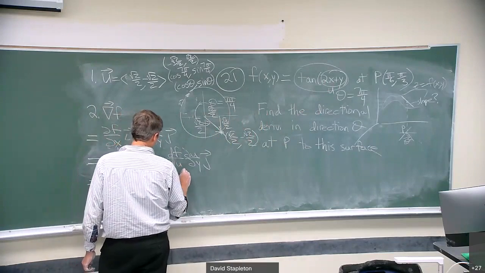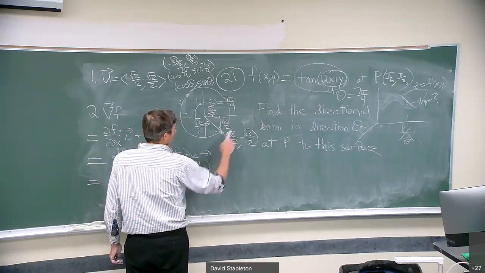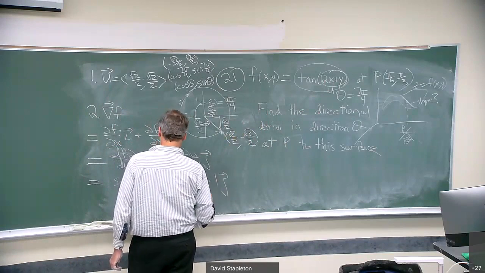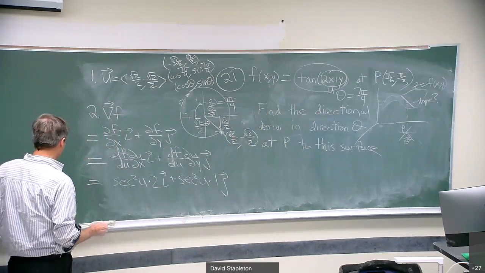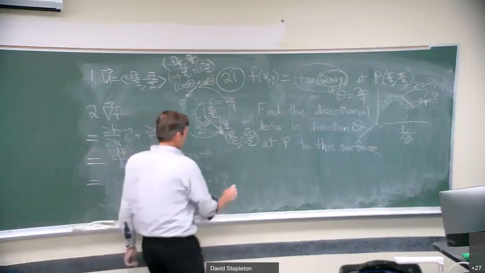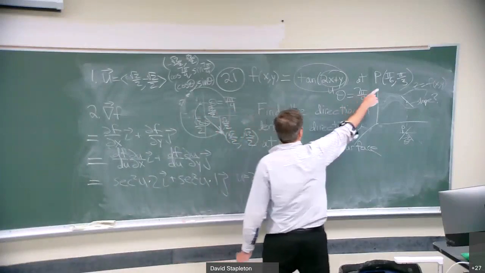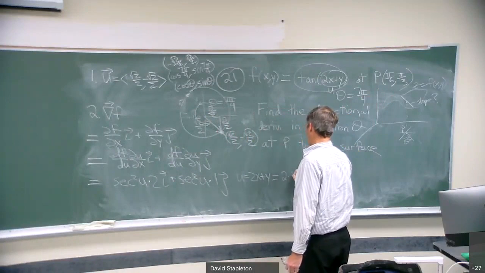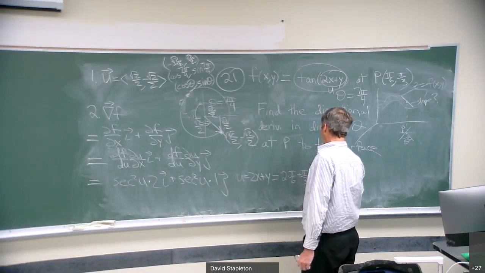plus derivative of tangent again is secant squared. Derivative of u with respect to y is just 1, right? And then times j. Well, u is 2x plus y. And at the point in question, x is pi over 6, y is pi over 3. So this is twice pi over 6 plus pi over 3, which is 2 pi over 3.